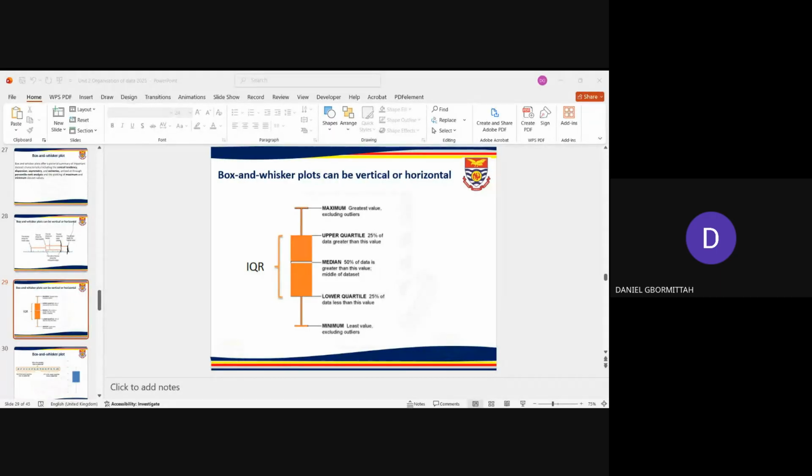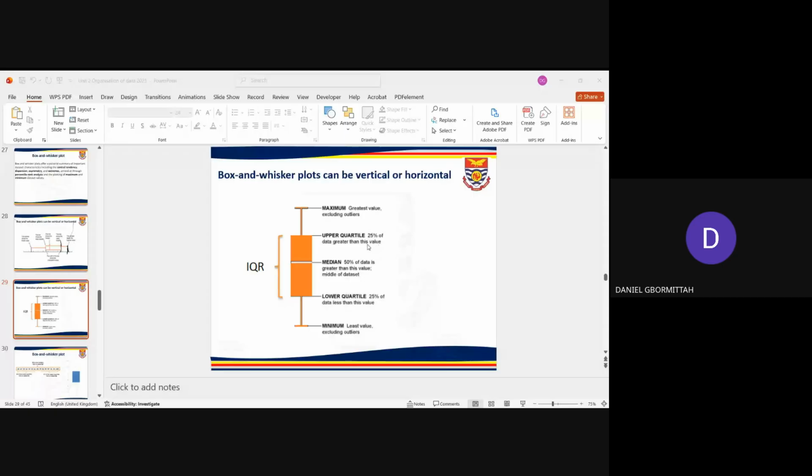Then we have the upper quartile. The upper quartile, we said it is usually 3/4 of the data set, 3/4 times summation F. That should be 75%. Oh, you are right. So the upper quartile is 75%, not 25.